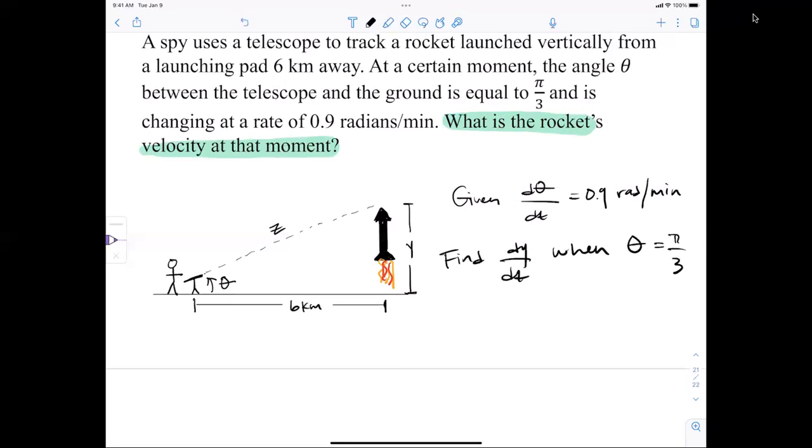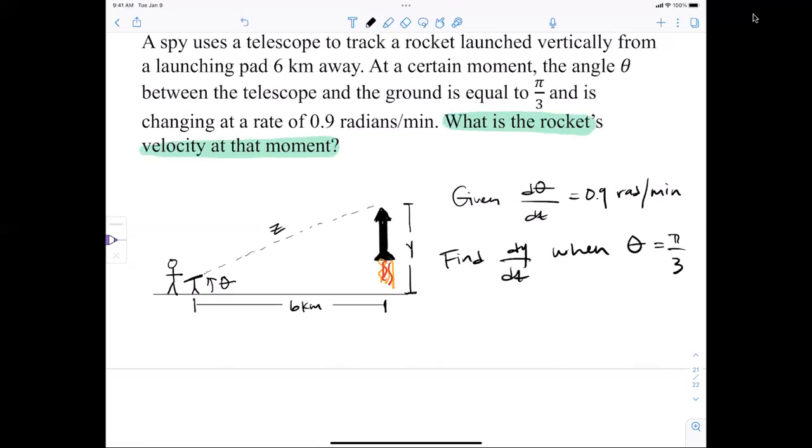Just thinking about the situation as time is passing, so after the rocket gets launched into the air, y would end up increasing, z would end up increasing, theta would end up increasing as the rocket goes up, up, up. Now our given rate is d theta over dt, and we're trying to solve for dy over dt.